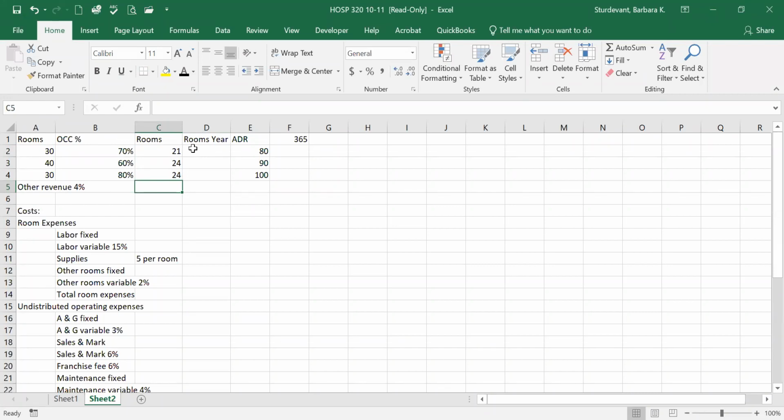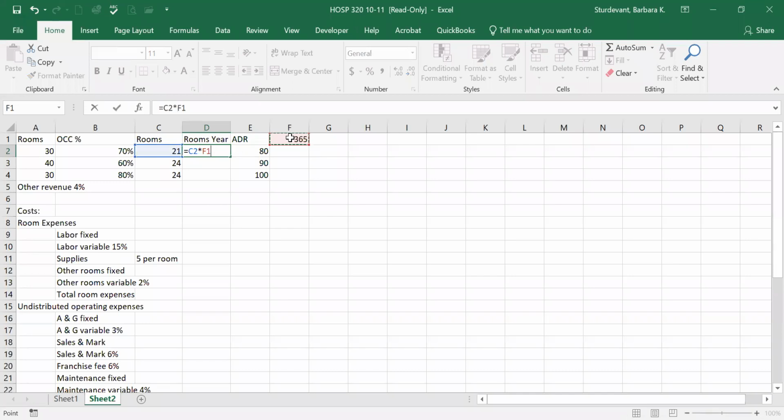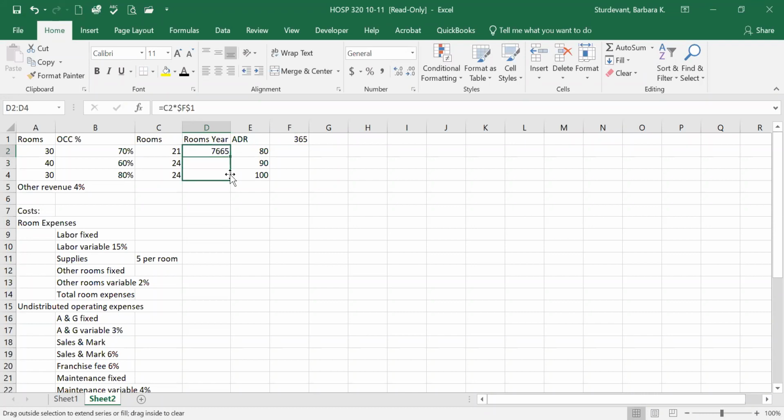We're doing this for a year, even though they gave us X8, which is technically a leap year, they told us to use 365. So to get your yearly rooms, you're going to take your daily times the 365. And that will give us our rooms.